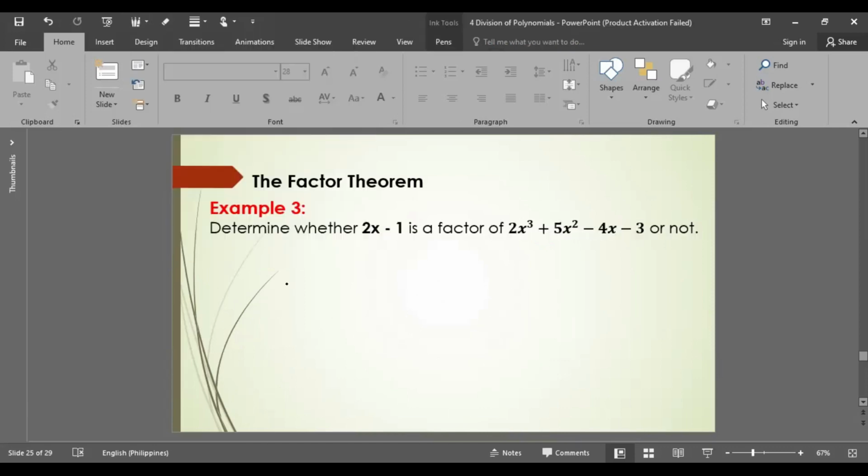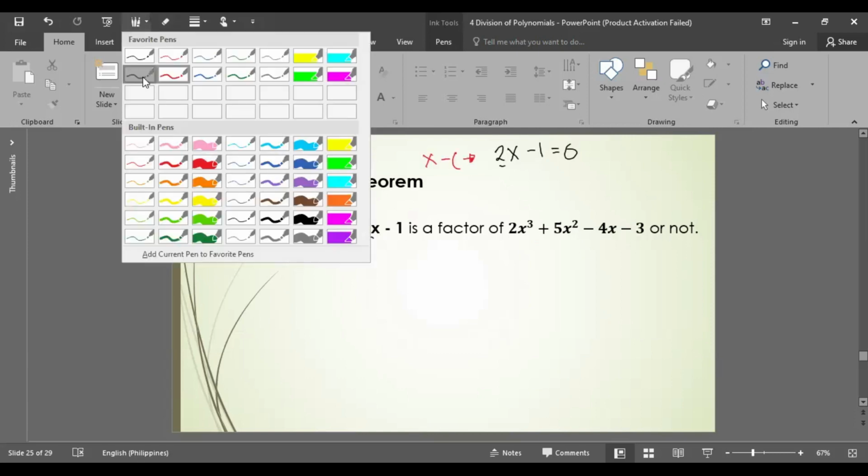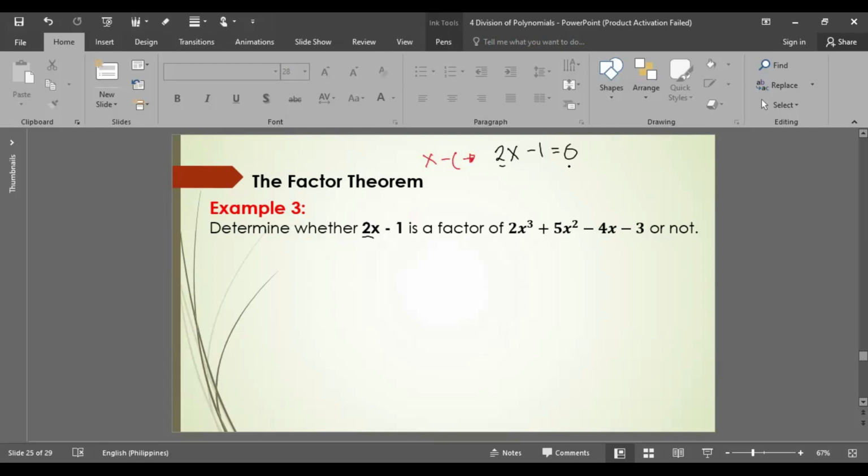Again, identify first the value of c. In this case, it's different, class. The numerical coefficient of this term is not equal to 1. So you still have to equate it to 0 and solve for x. Again, if the numerical coefficient of this term in x minus c is not equal to 1, then you have to equate it to 0 and solve for x.